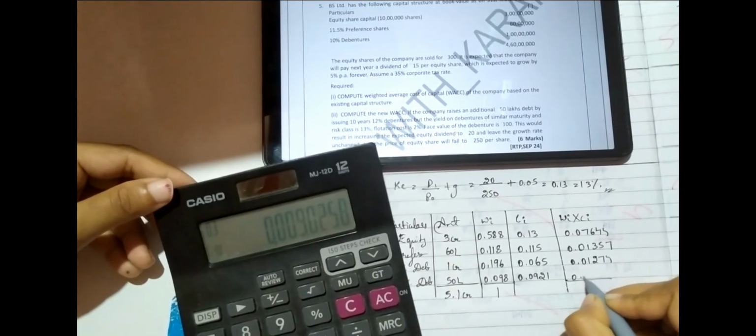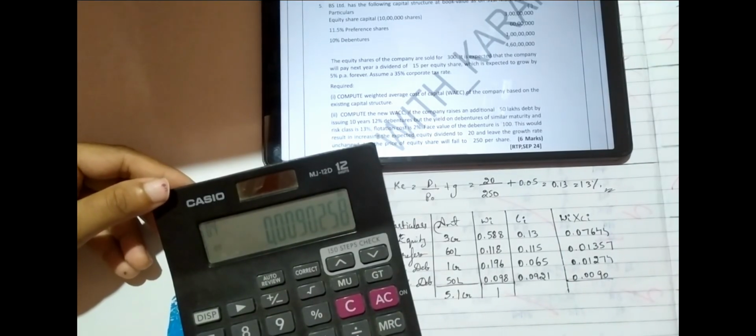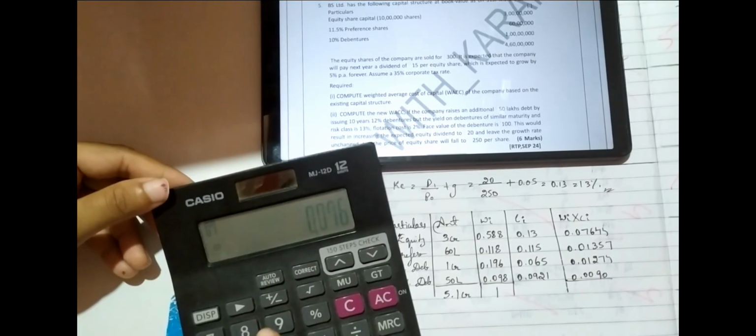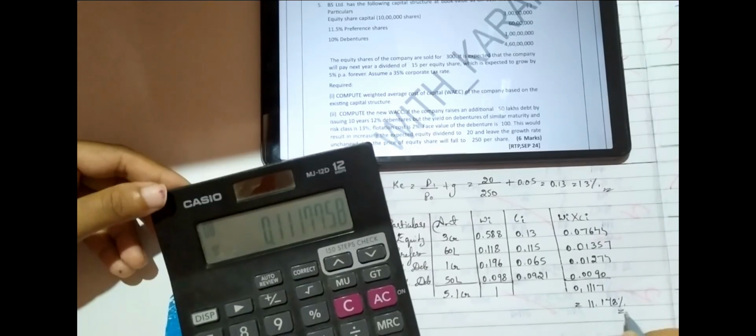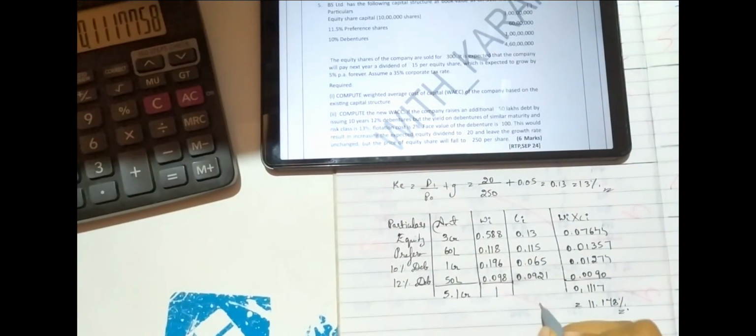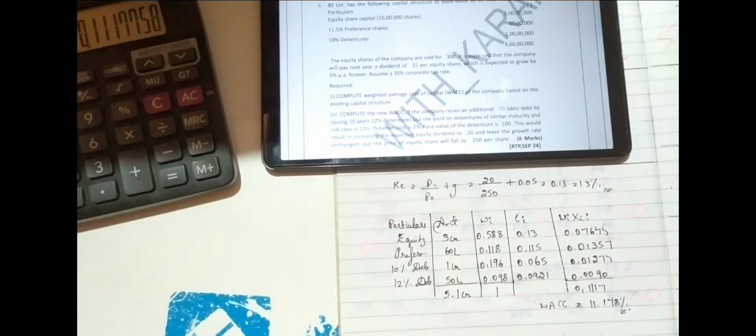So it's going to be 0.0090. So this plus 0.01274 plus 0.01357 plus 0.07644. So the total is going to be 0.1117, or 11.178%. Okay, so this is going to be the new WACC. So we are done with this.